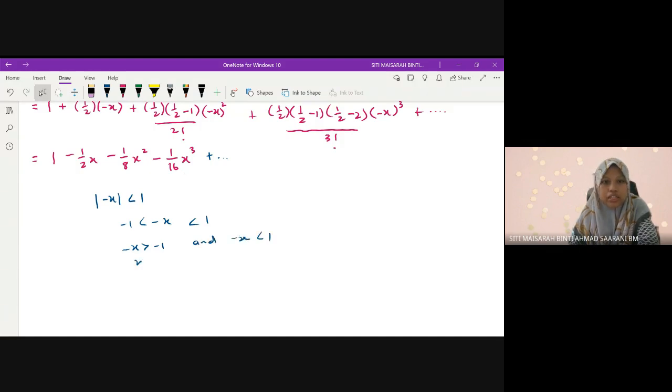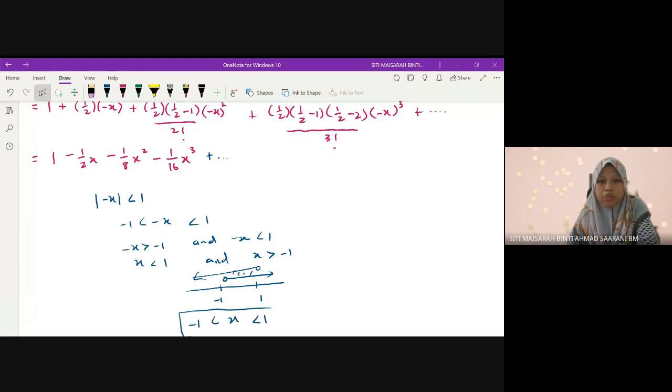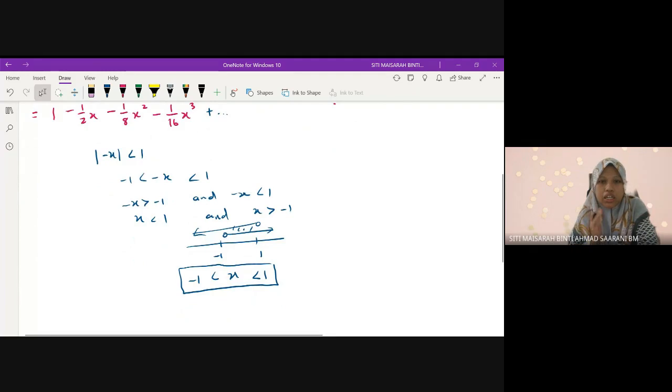So x less than 1 and x more than negative 1. So if we draw a number line, it will be the intersection in between. So finally x is in between negative 1 and 1. This is our range. The value of x must be in between negative 1 and 1.